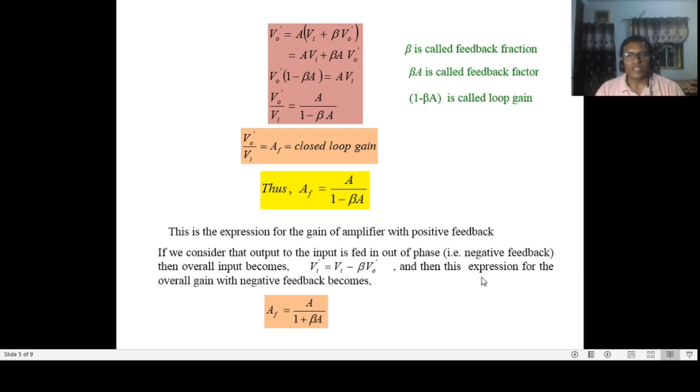And in that case, if we proceed in the same way, we can show that the gain of the amplifier with feedback in case of negative feedback becomes A over 1 plus beta A.